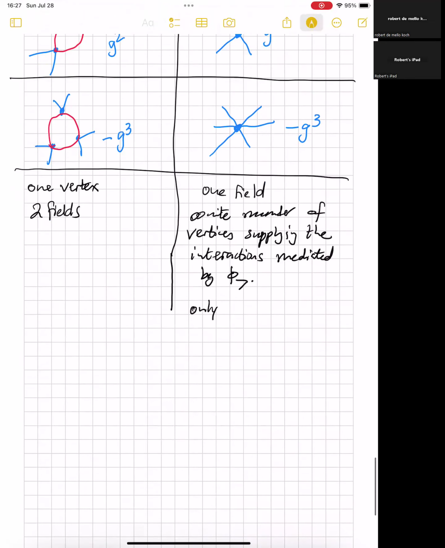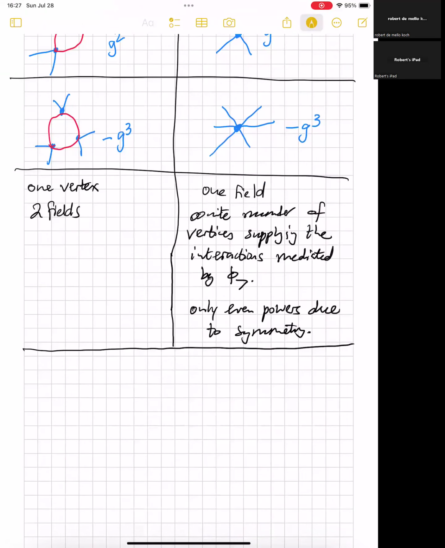So only even powers, and this is due to symmetry. Okay, and great. All of these points that we mentioned here will hold in D dimensions.